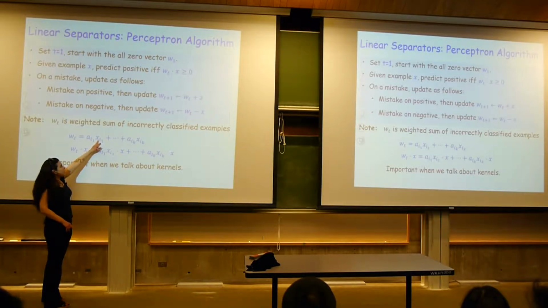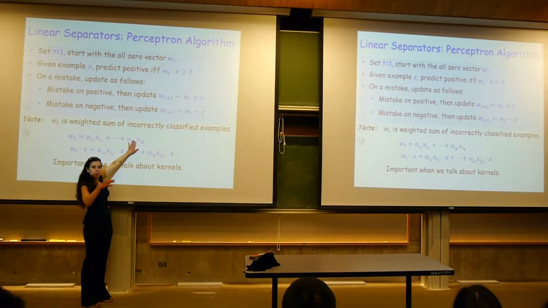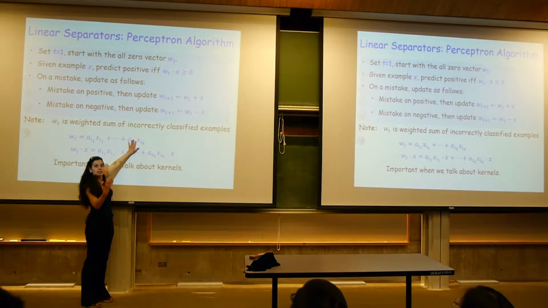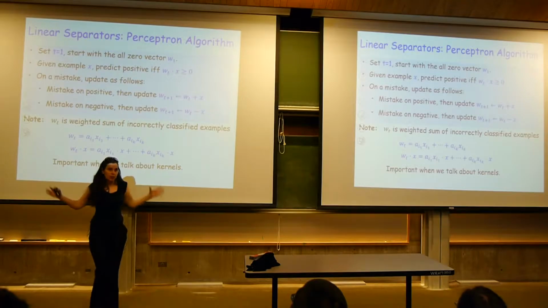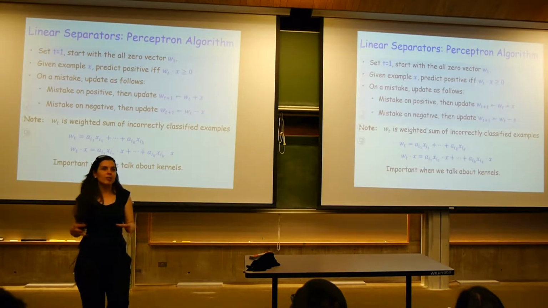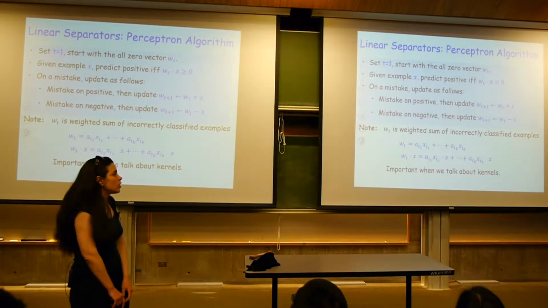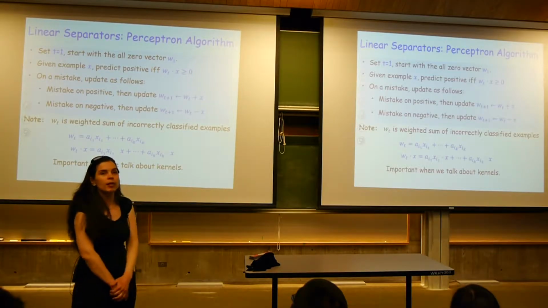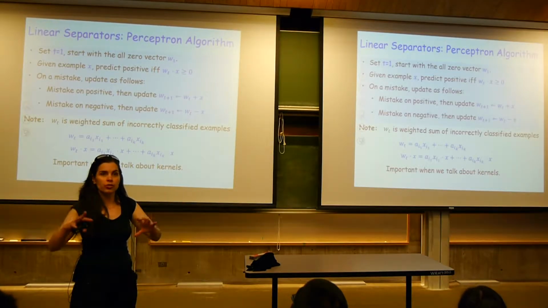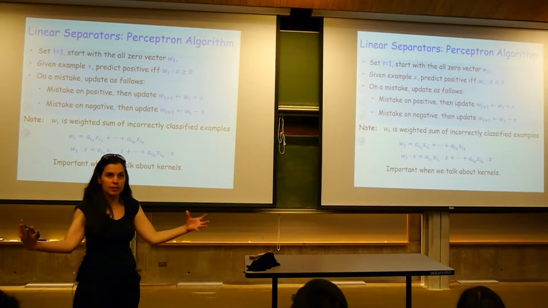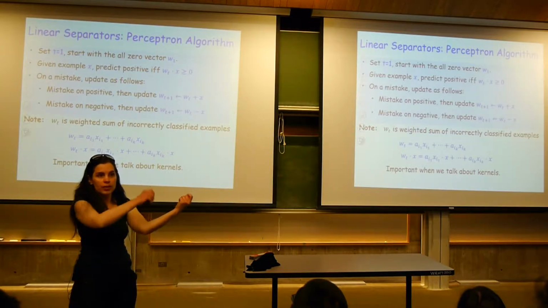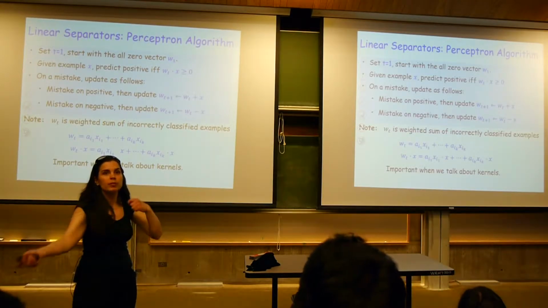If the mistake was on a negative example, the coefficient will be -1 because we subtracted that example. If the mistake was on a positive example, then this coefficient will be +1. So it's very simple to see that at any given moment in time, the current guess for the target, WT, is just a linear combination of the examples on which we made mistakes. Because we started with all zeros and we either subtracted or added an example only when we made a mistake.